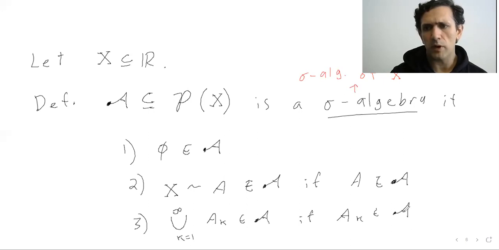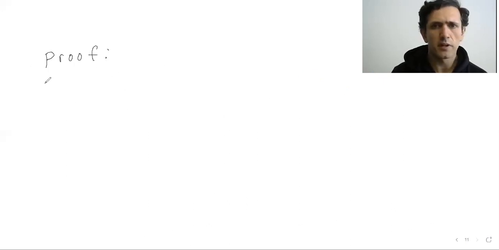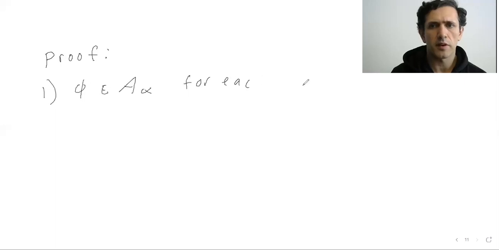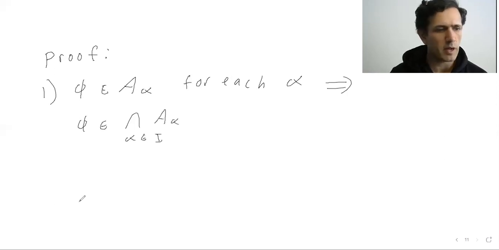Let's start off. Well, there's not much to this. For each alpha, the empty set is in A alpha, so by definition of intersection, the empty set is in the intersection. Really, not much more to it than that.